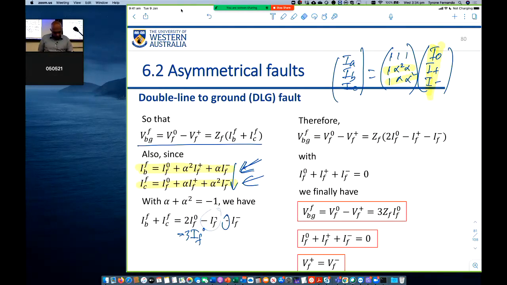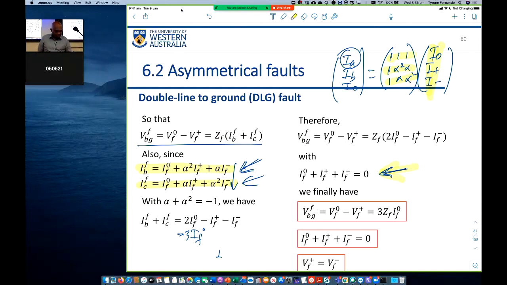So we have this expression, and we also have this expression because IA is 0, so that implies I0 plus IF plus plus IF minus is equal to 0. That's the first row multiplied by the vector.